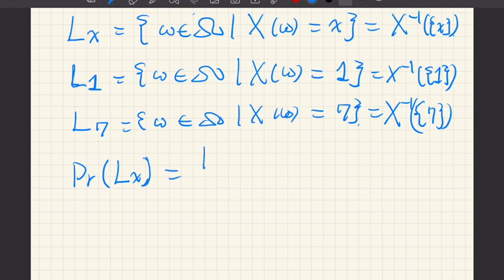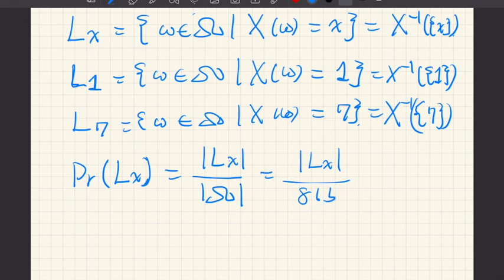So according to our definition of the probability measure, this probability is just the ratio of the size of this set to the size of the sample space, which is the number of rats in this set divided by 815 in this particular case.